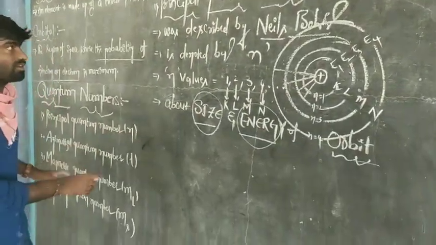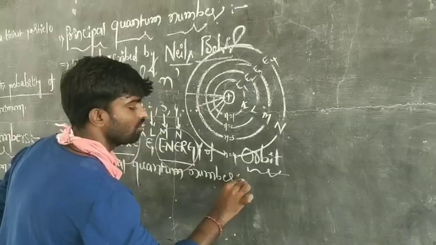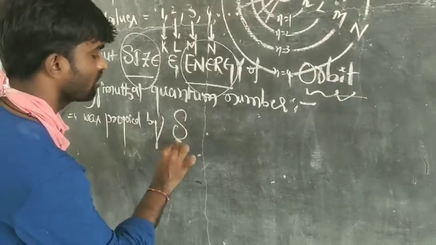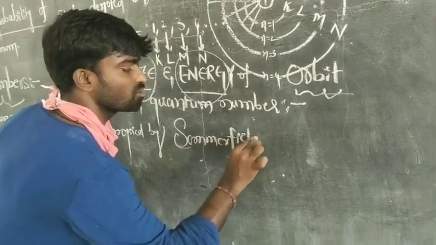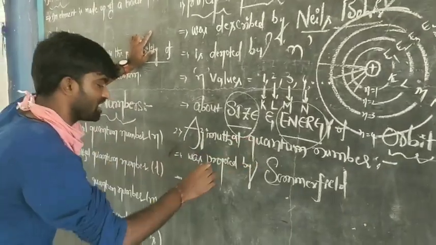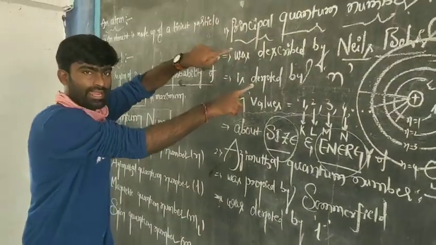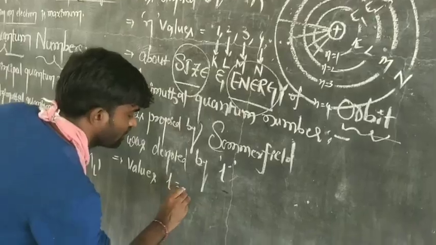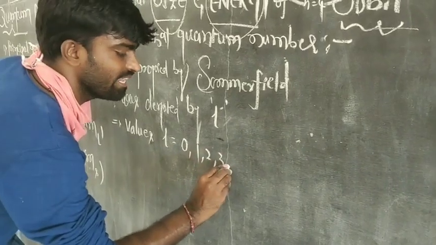The second type of quantum number is the azimuthal quantum number. It was proposed by Sommerfeld and is denoted by small l, and here also the l values start from 0, 1, 2, 3 and so on.